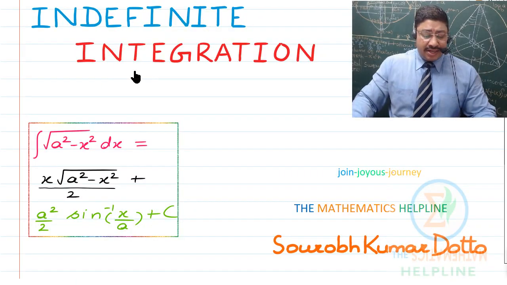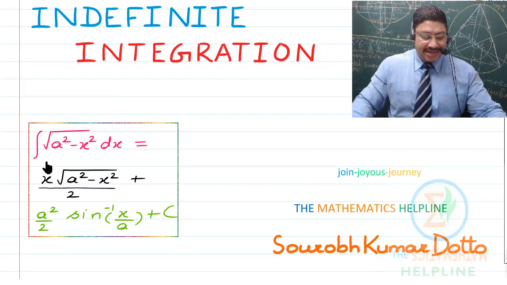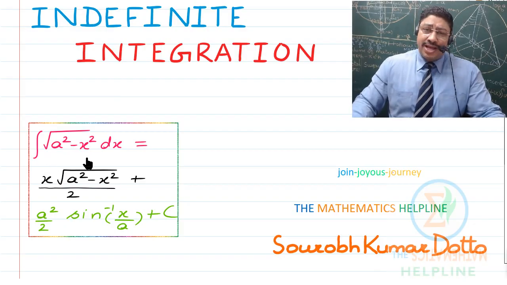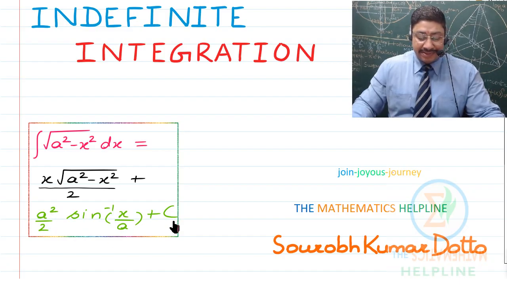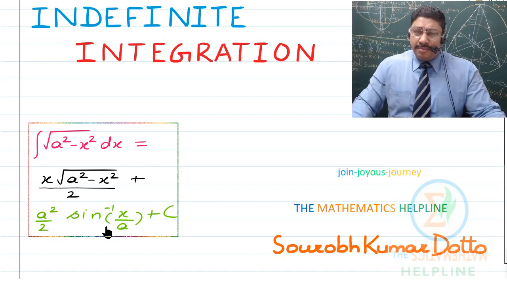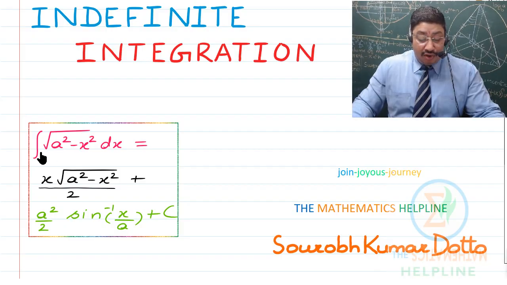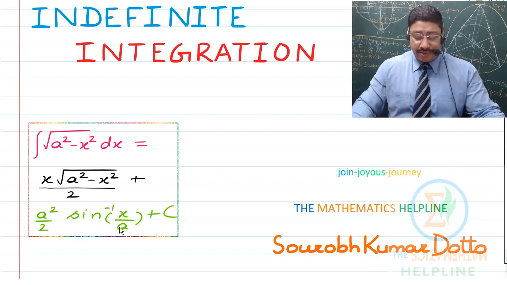Now remember, children, whenever you have something like the integral of root of a square minus x squared dx, I told you that x upon 2 is to be multiplied with the function, and to that is to be added a square upon 2 times sine inverse of x upon a, plus c. You can remember this as: if you had the integral of dx upon root of a square minus x square, then you got sine inverse x upon a plus c.